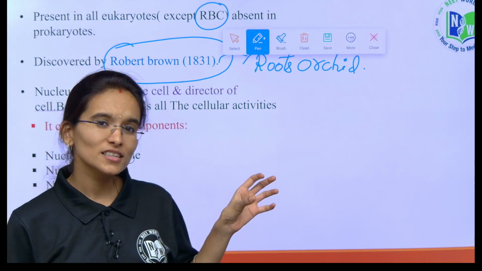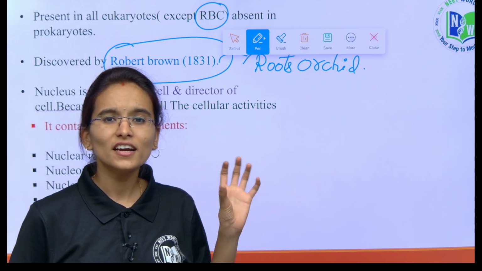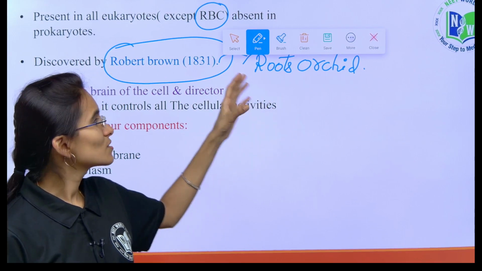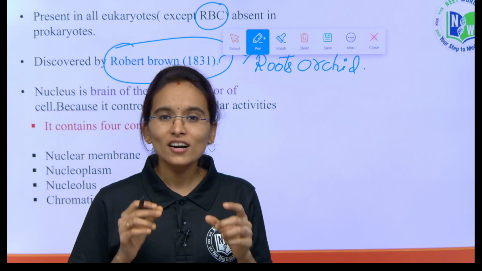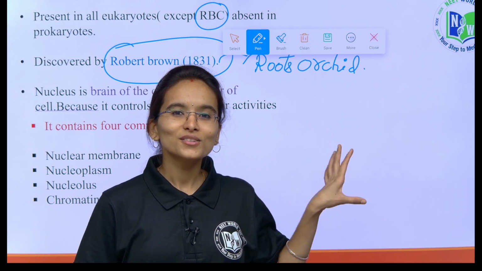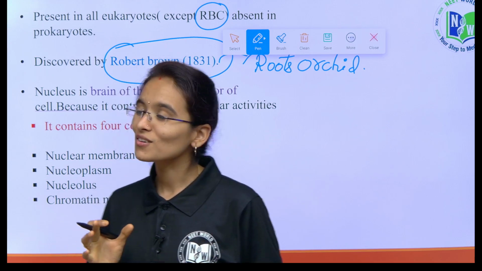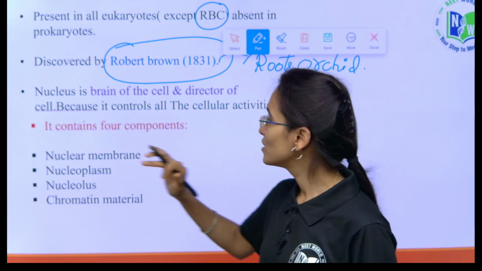In prokaryotic cells, we cannot find a defined nucleus; they lack a nucleus, whereas the eukaryotic cell possesses a true nucleus. So children, what does the term true nucleus mean? Now let's study the structure of the nucleus in detail.